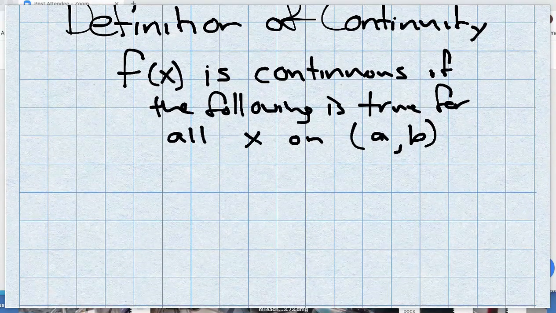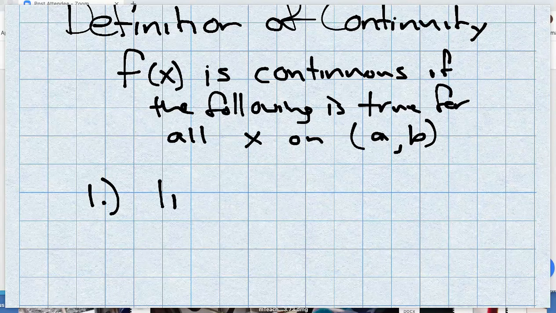You really have to check three things, and they're going to be specifically on the AP exam looking for you to check. The first thing is, does the limit as x goes towards, and really let me back up, it's really as x equals some value c.